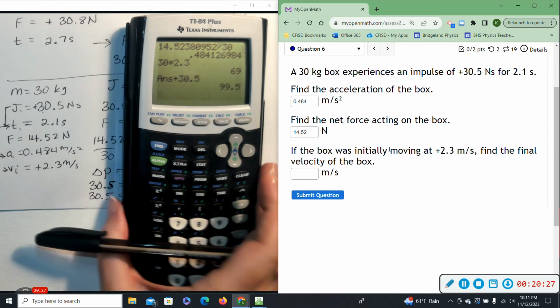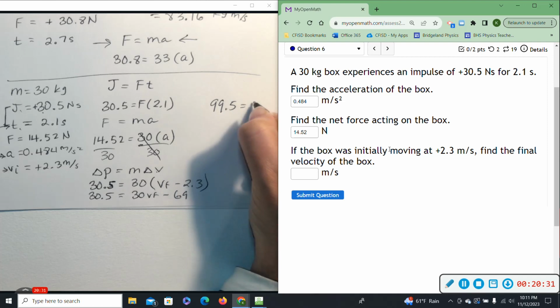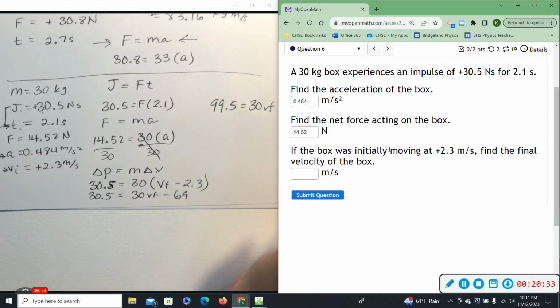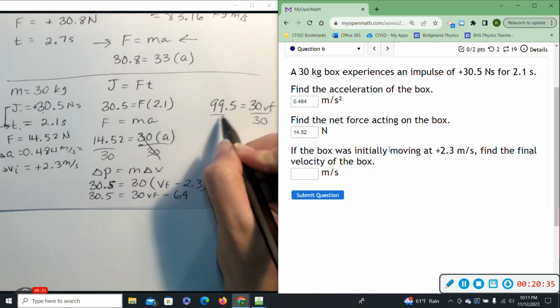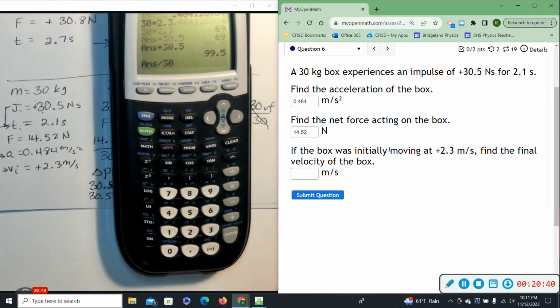And I have 99.5. So I'm going to rewrite this over here. 99.5 equals 30 times VF. So we're going to divide both sides by 30. And we get a final velocity of 3.32 if I round that.